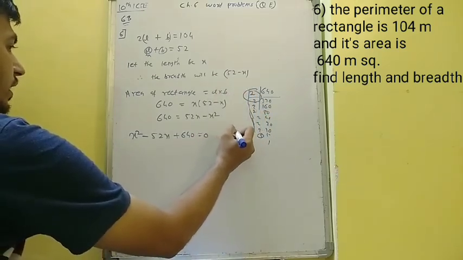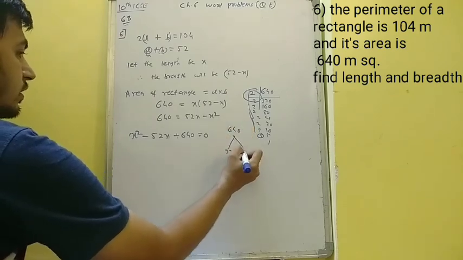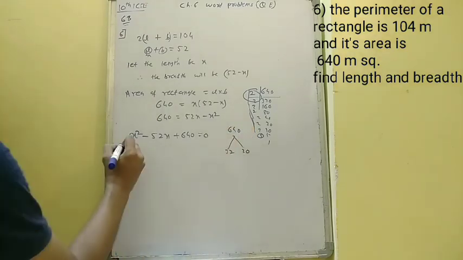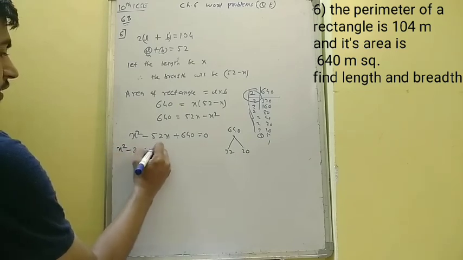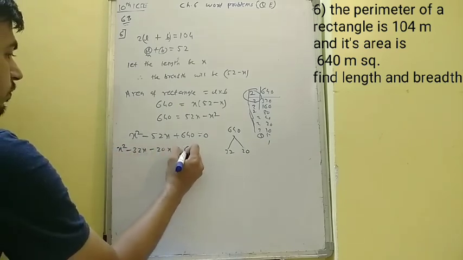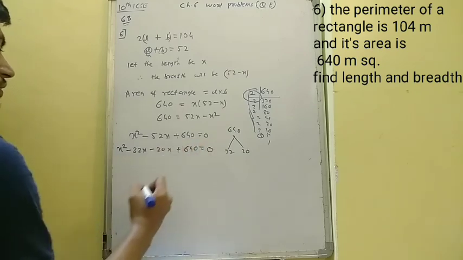So 640 can be split as 32 20s. So x square minus 32x minus 20x plus 640 is equal to 0.